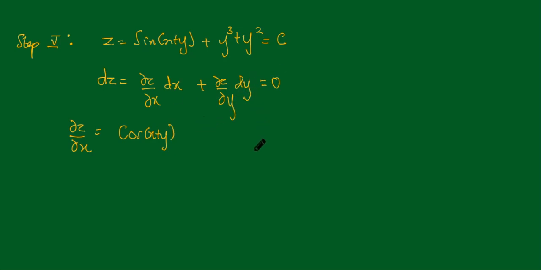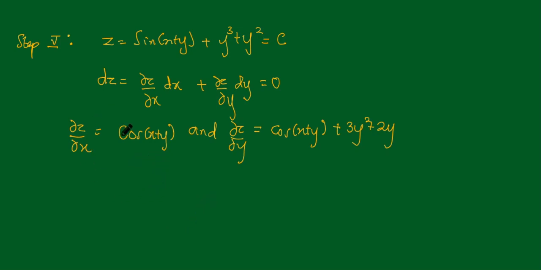When you differentiate y cubed and y squared, you get 0, since they are constants here, as we are keeping y constant. And the partial derivative of z with respect to y is given as cos x plus y plus 3y squared plus 2y, from the expression z is equal to sine x plus y cubed plus y squared.